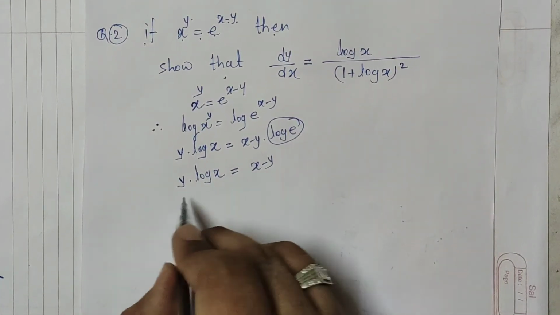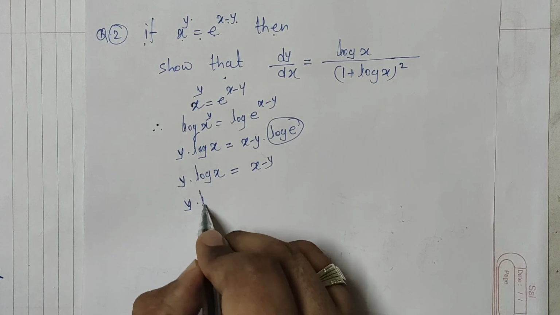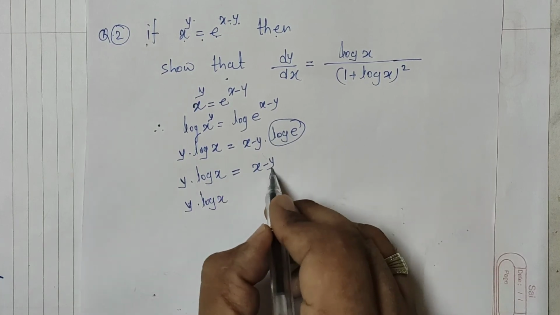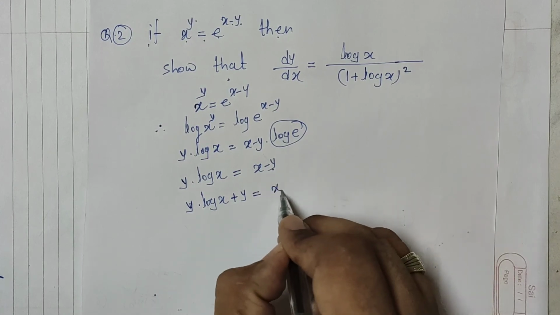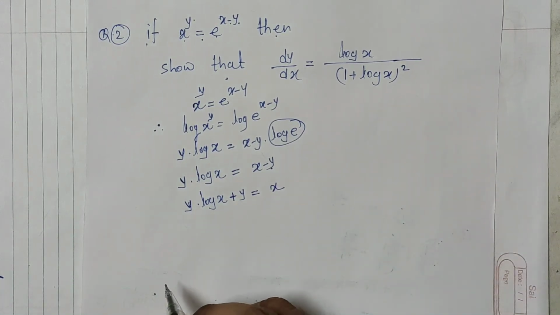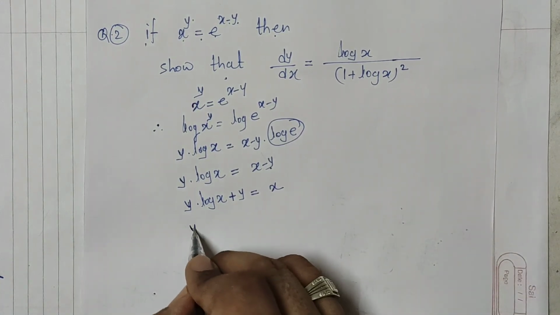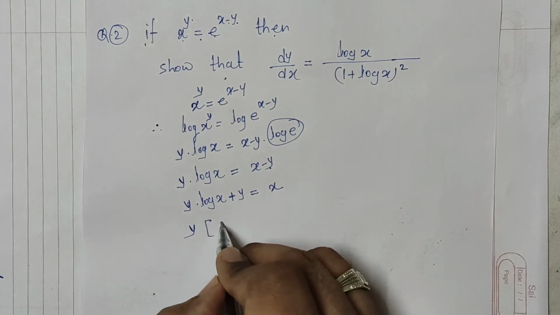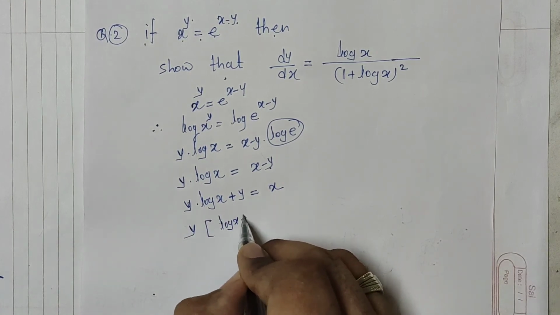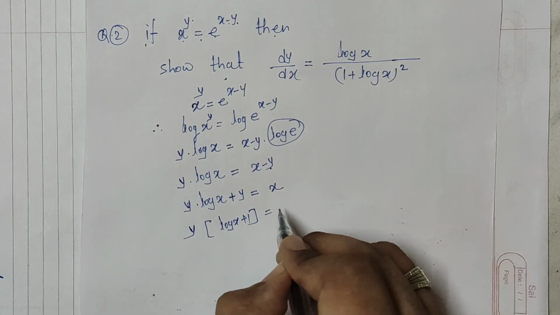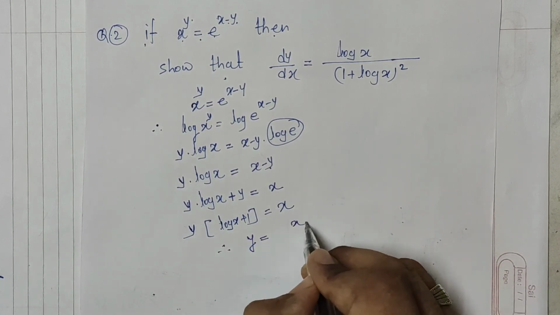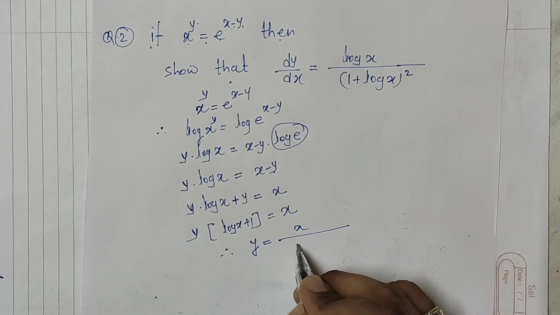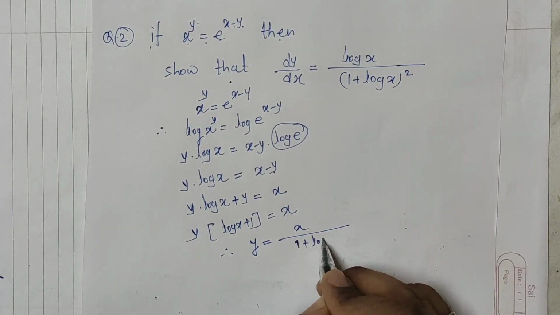We combine the y terms: y into log x, here minus becomes plus y, is equal to x. Then take y as common, and the remaining term log x plus 1 is equal to x. Therefore we get y is equal to x upon log x plus 1, that is 1 plus log x.